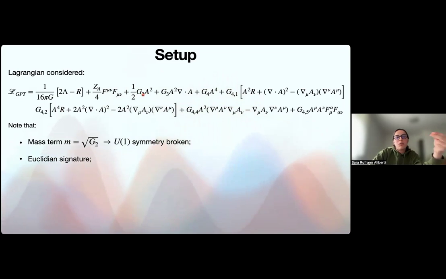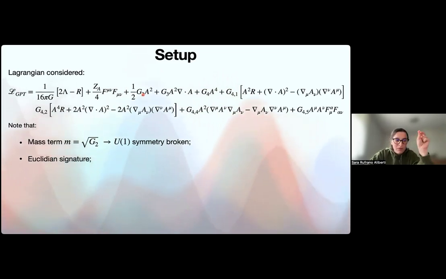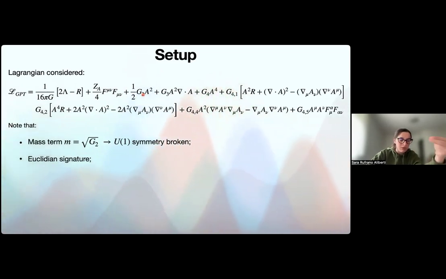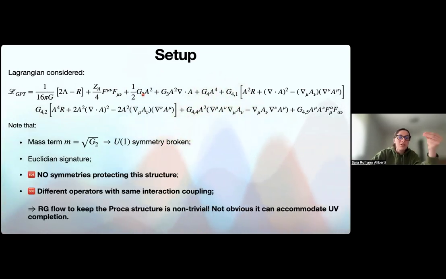And also, as in most FRG computations, we use the Euclidean signature.